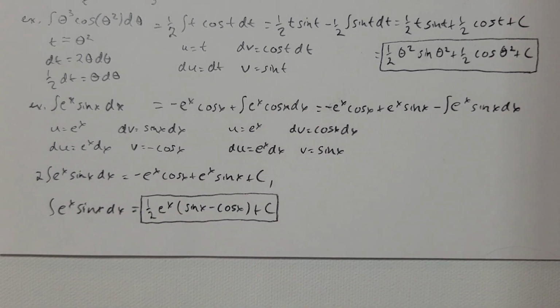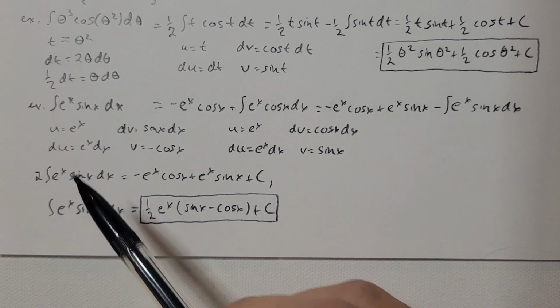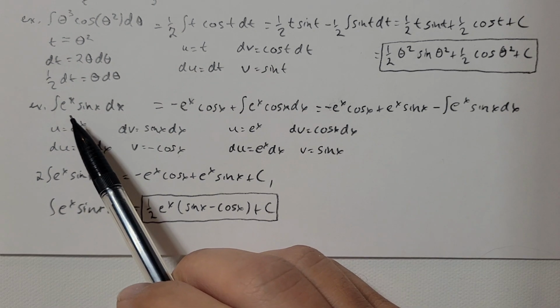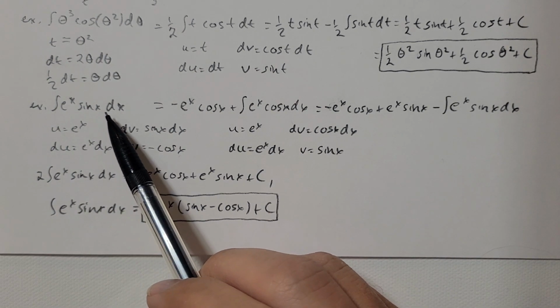Now, usually when you have problems involving integration by parts, u can only be one thing and dv can only be one thing. It's very rare to have it flip and still get the same answer. So in this problem, you're integrating e to the x times sine x dx.